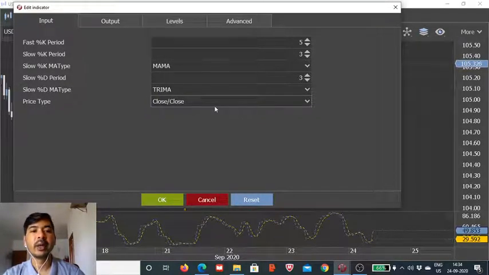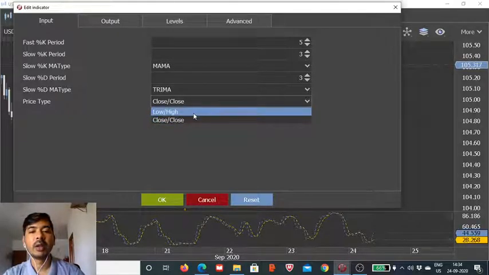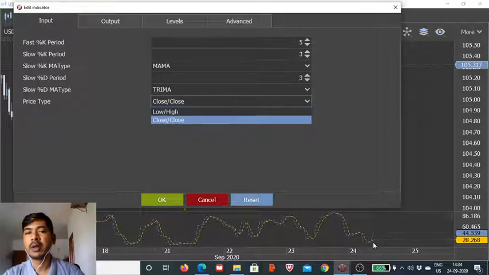The price type, that is, what difference is being taken into consideration, also has an important impact on how this plotting is done and when we get the trade signals after the crossover.